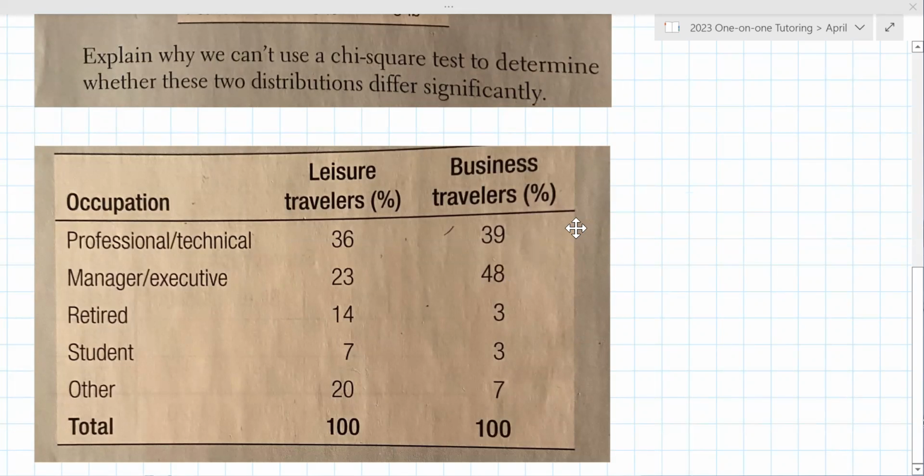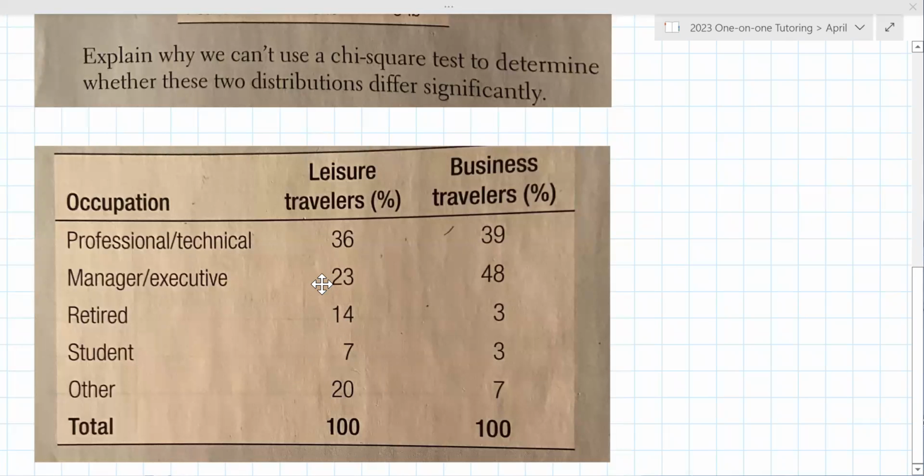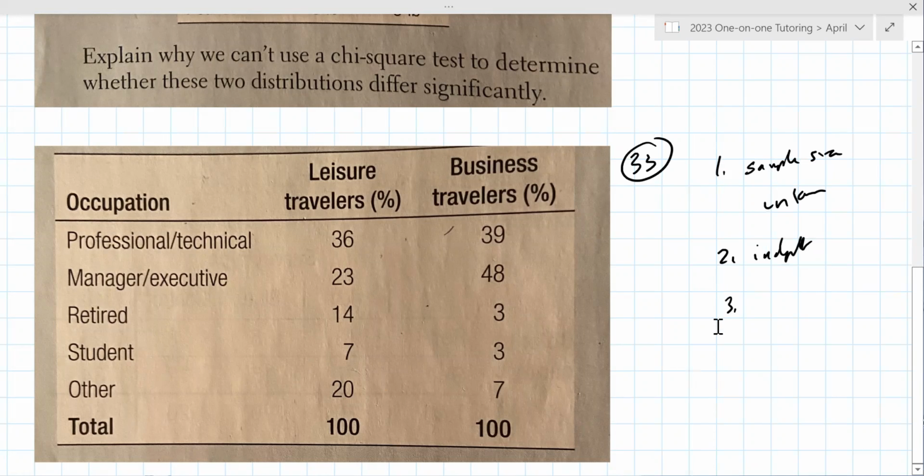We also do not know if the sample was taken randomly or if the samples are independent of each other. But that thing with 5, I misspoke on that. That's the expected values. So for 33, for those reasons, the sample size is unknown and we don't know if they're independent or not. Oh, it was just those two.